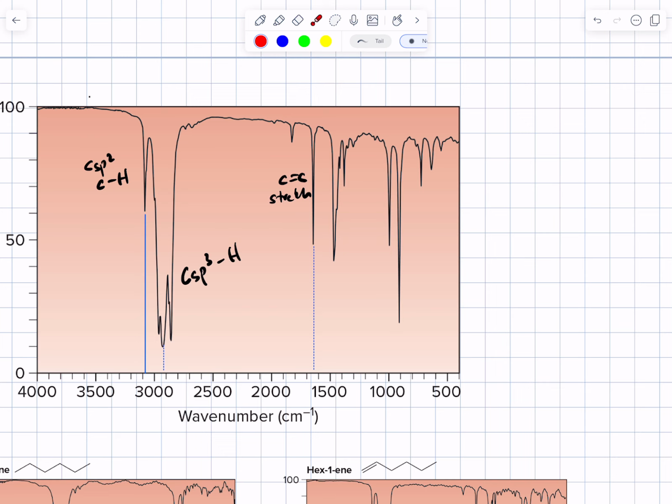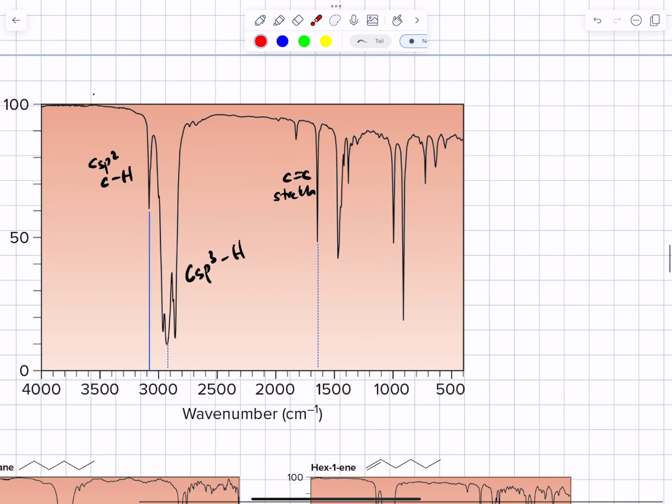Later, when we get to nuclear magnetic resonance spectroscopy, and by later I mean Wednesday, you will see that the area encompassed by a particular peak is related in that experiment to the number of hydrogens that peak represents. Not so here.